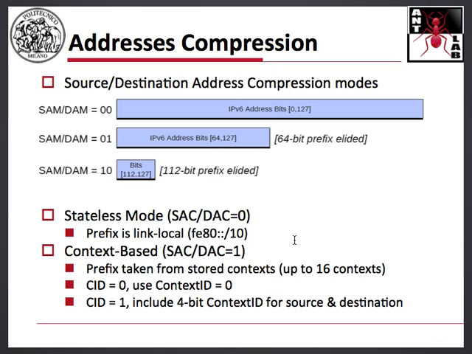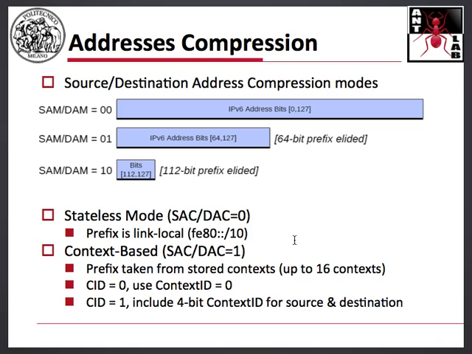So if both SEM and DEM fields are 0, okay, it means that you have the full address in line. So you do not compress anything. Okay. Then, if you have SEM and DEM fields equal to 0, 1, okay, it means that you're just eliding, meaning compressing, the 64-bit prefix of the corresponding IPv6 address.